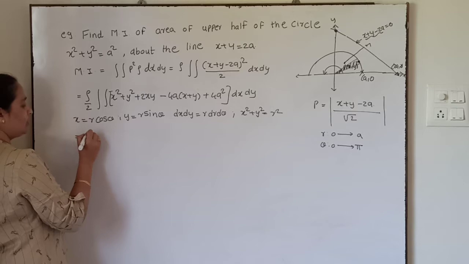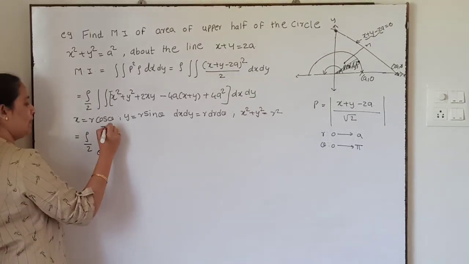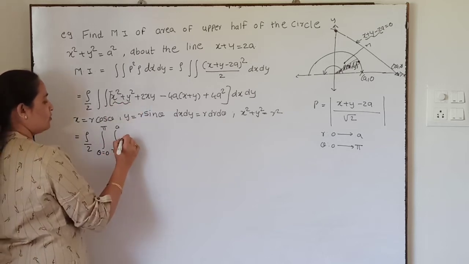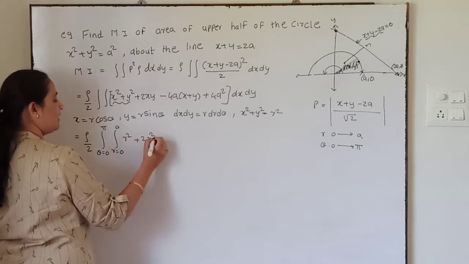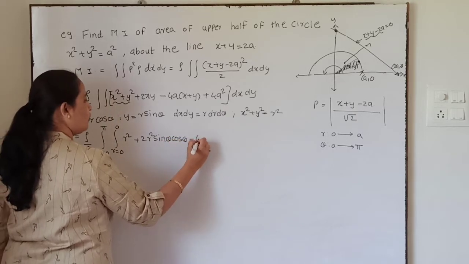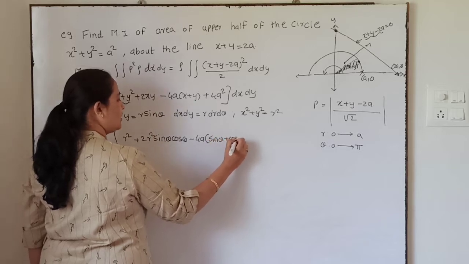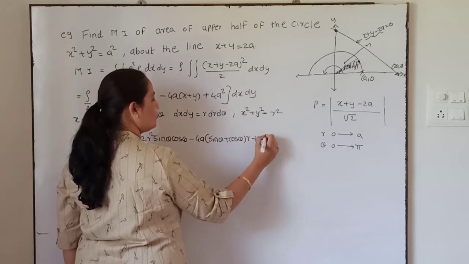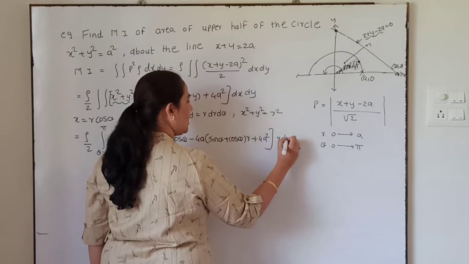Substituting, rho by 2, theta varies from 0 to pi, r varies from 0 to a. x square plus y square is r square, plus 2r square sin theta cos theta for 2xy, minus 4a in bracket sin theta plus cos theta with r outside, plus 4a square into r dr d theta.